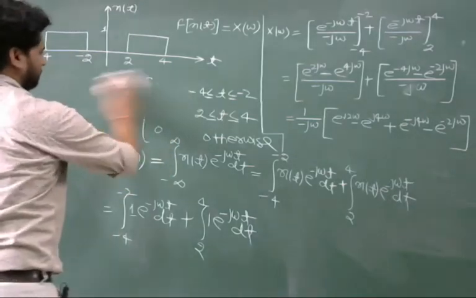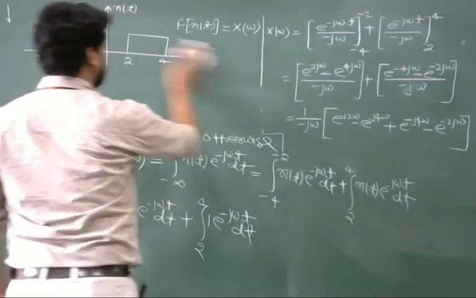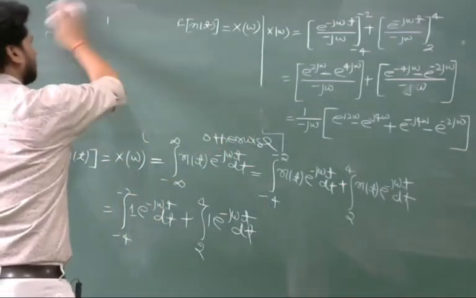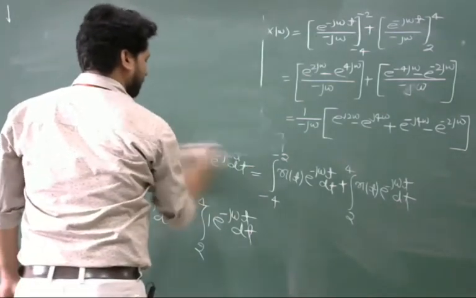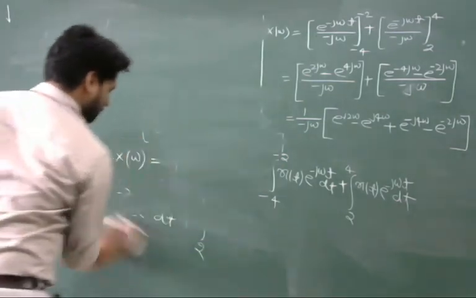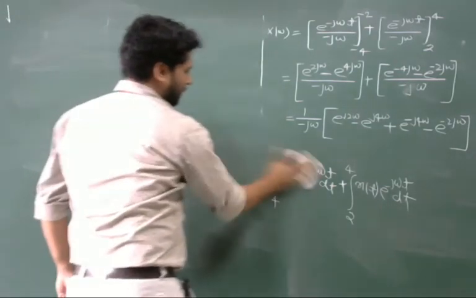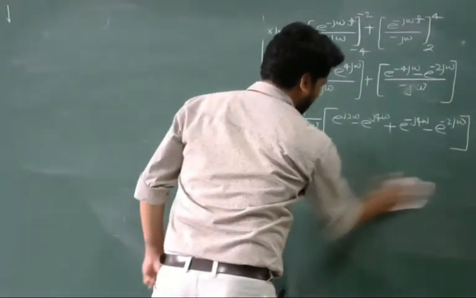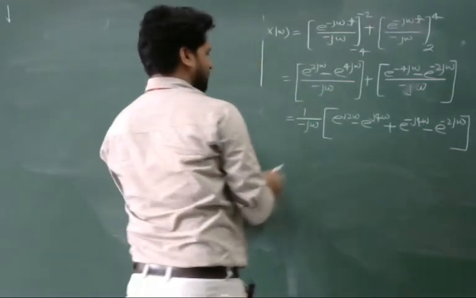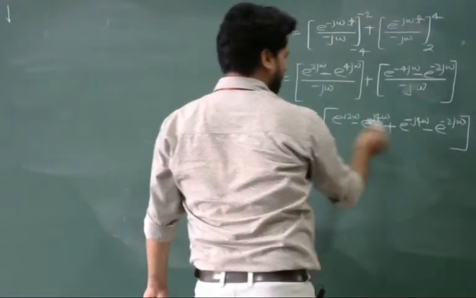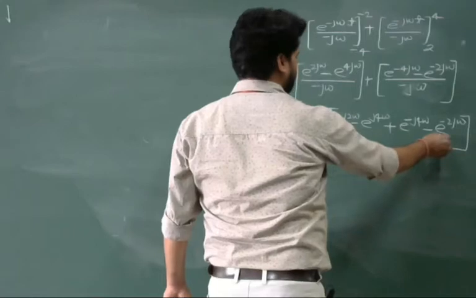Here it is e power plus 2j omega, and here it is e power minus 2j omega.